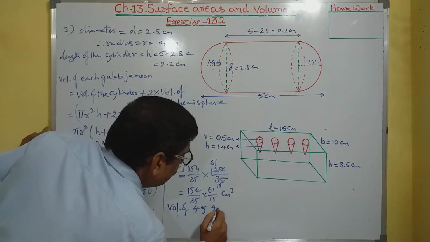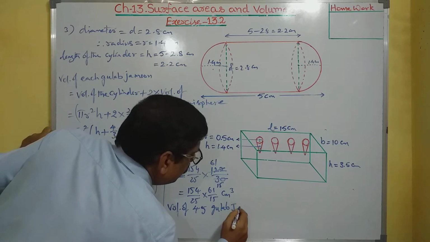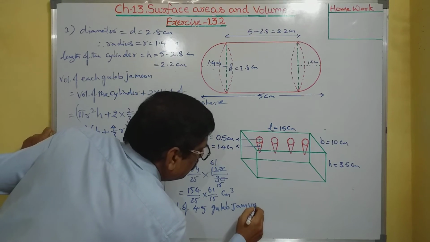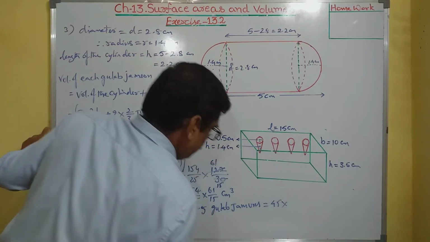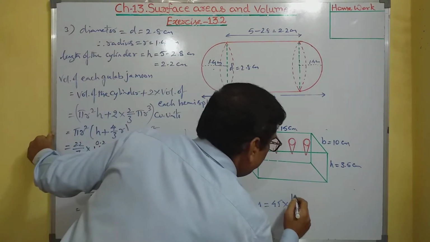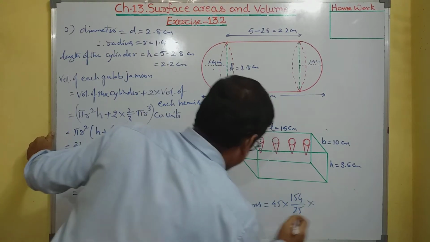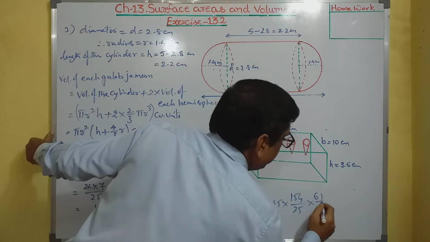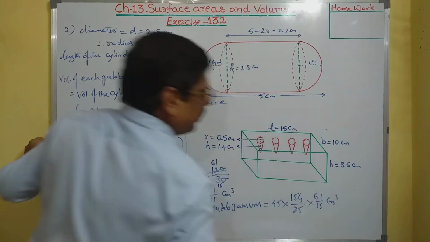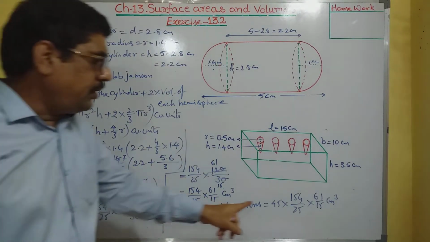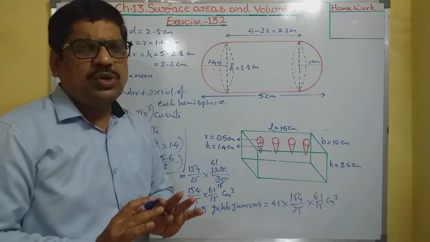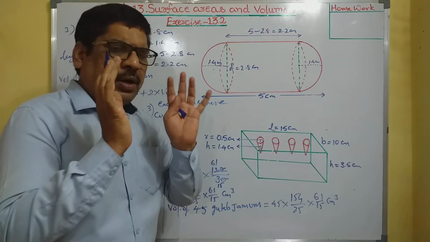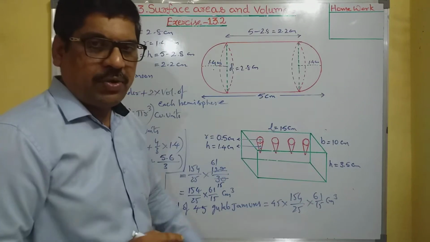The volume of 45 gulab jamuns is equal to 45 into 154 by 25 into 61 by 15 centimeter cube. That is the volume of all the gulab jamuns contained in that container.